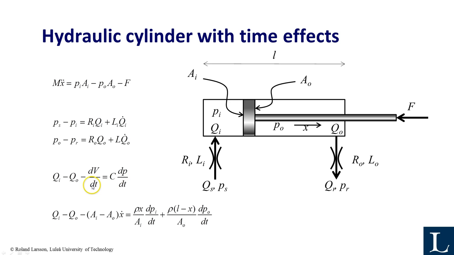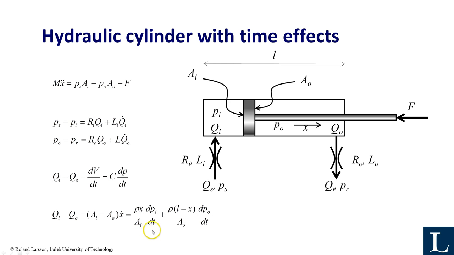And also the continuity equation can be applied here. The change of volume depends on x dot, the speed here, and the areas. Please see that the area here is bigger than the area here because the rod is changing the area slightly.